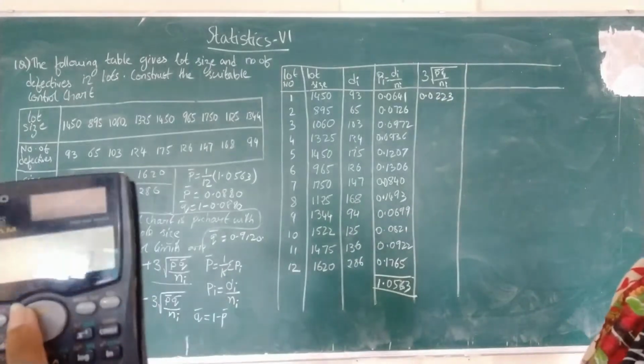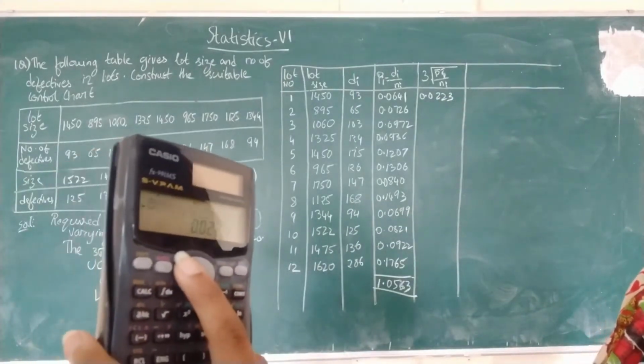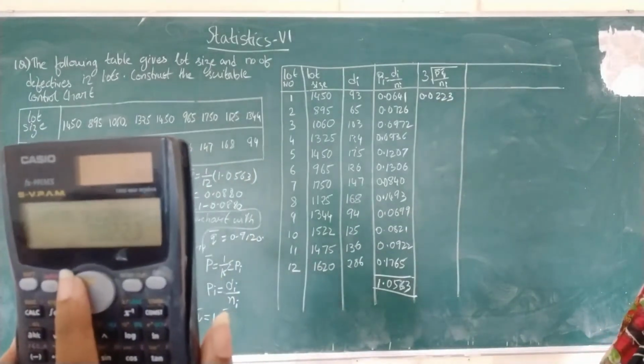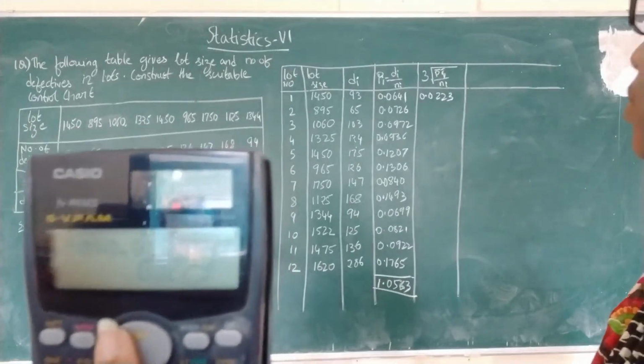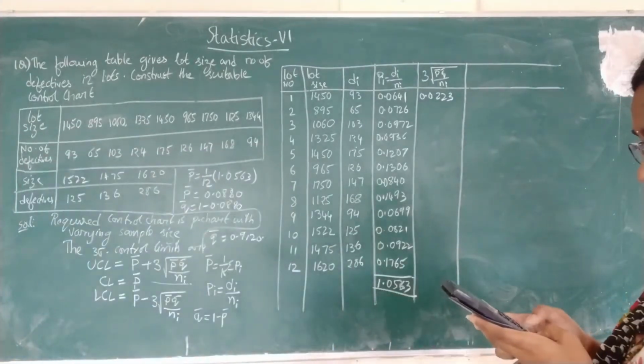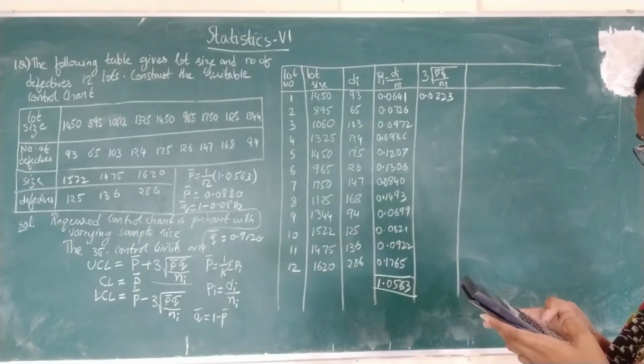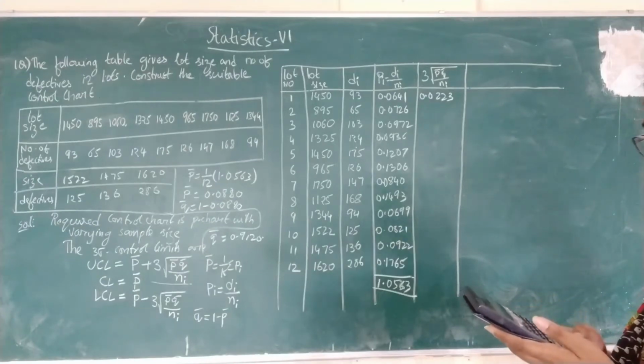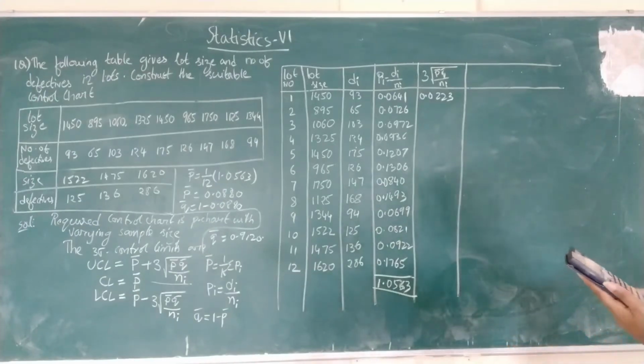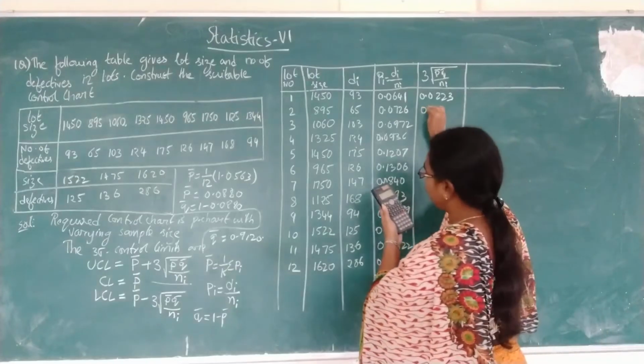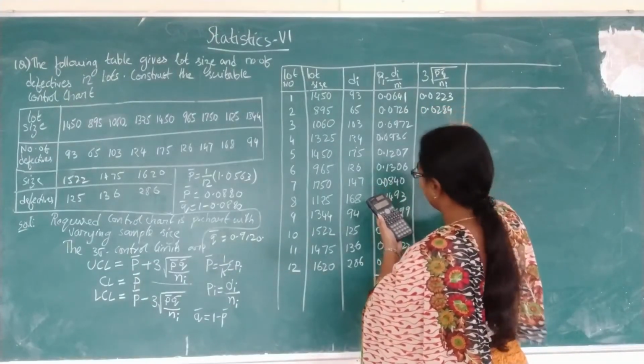Now after getting this value, what will we do? Lastly we substituted the Ni value 1450. So in place of 1450, I will substitute 895. Next you will get 0.0284.